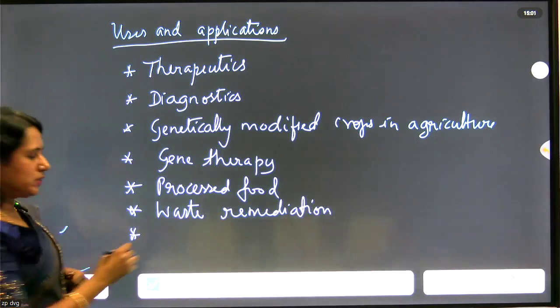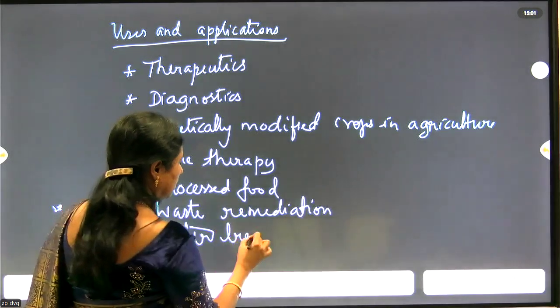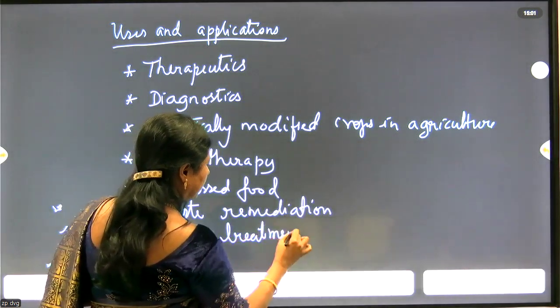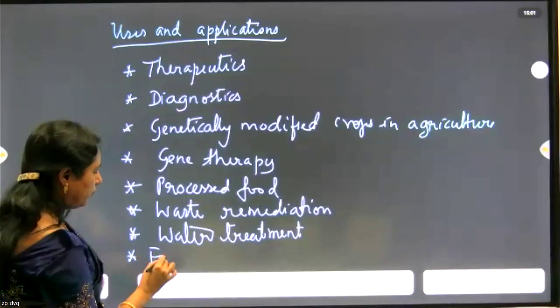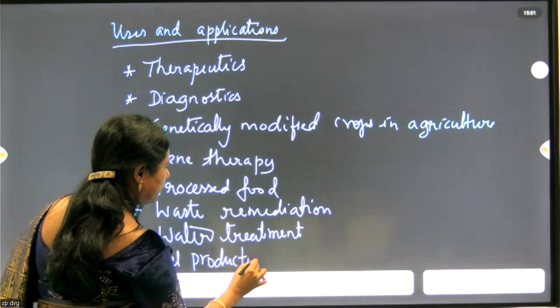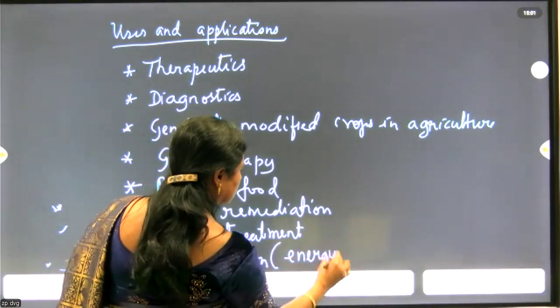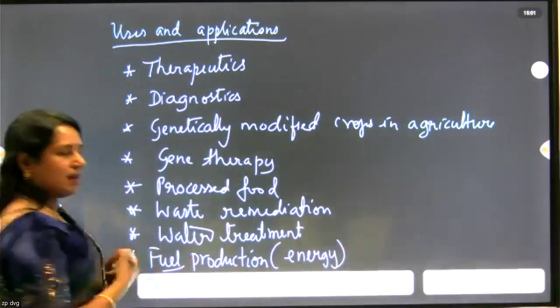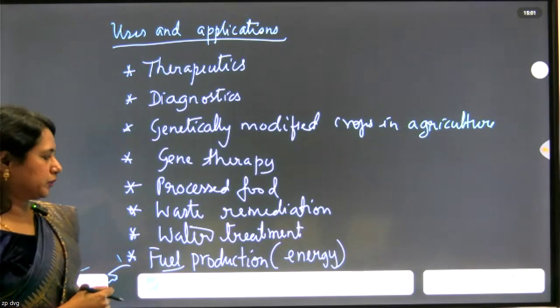It is also used in water treatment, and also used in fuel production. That means energy production, here meaning biofuel production.